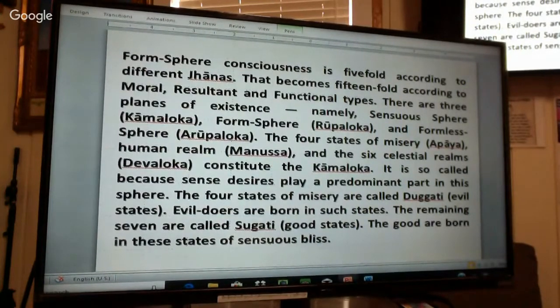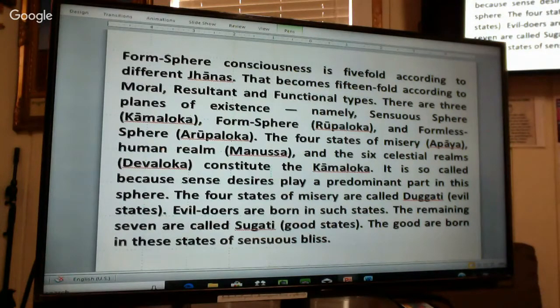So form sphere consciousness totals 15 kinds: 5 are wholesome, 5 are resultant, and 5 are functional.